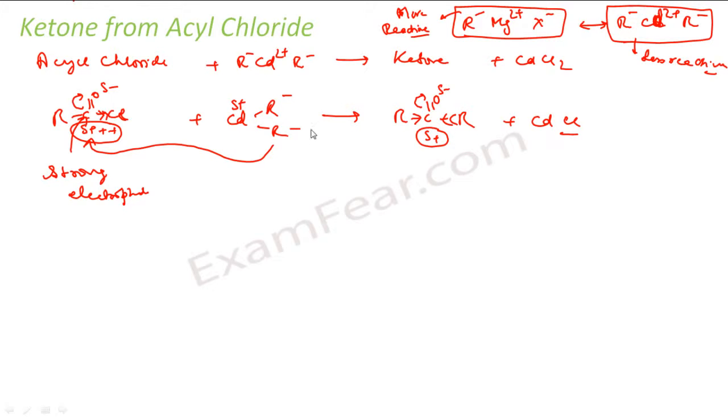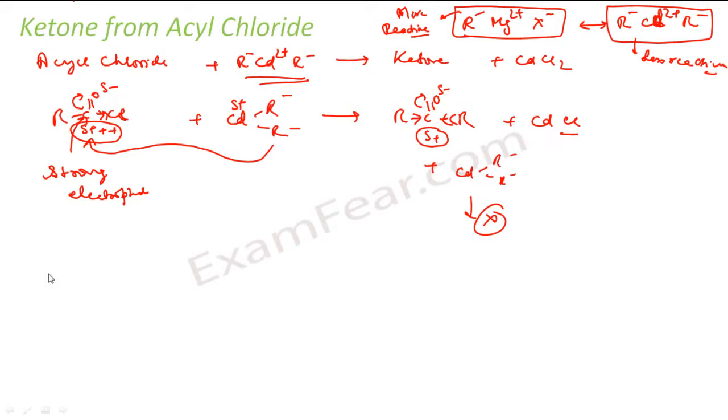And now, once you get this, even if you add CdR2 here, this won't go anywhere. There won't be any reaction because this is a mild agent. It won't be converting ketones to alcohols. But instead of this, if you had used RMgX, the Grignard reagent, it would have converted ketones to alcohols. Correct? And that is the reason why we use CdR2.